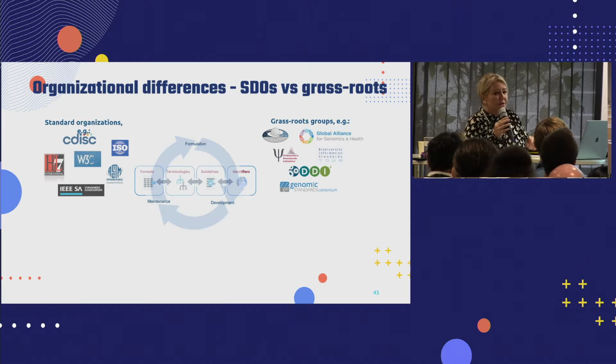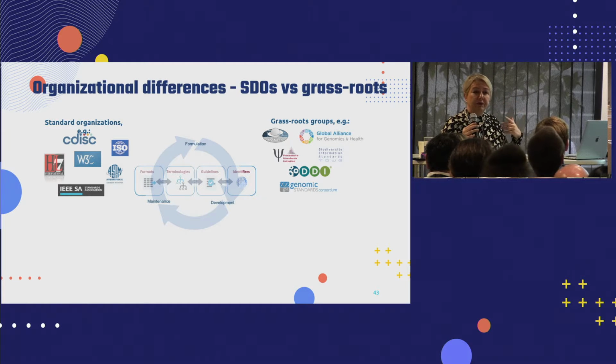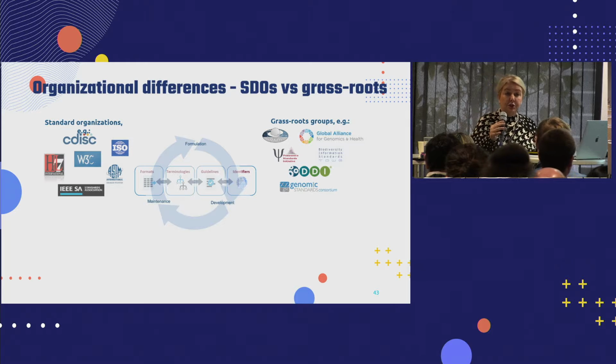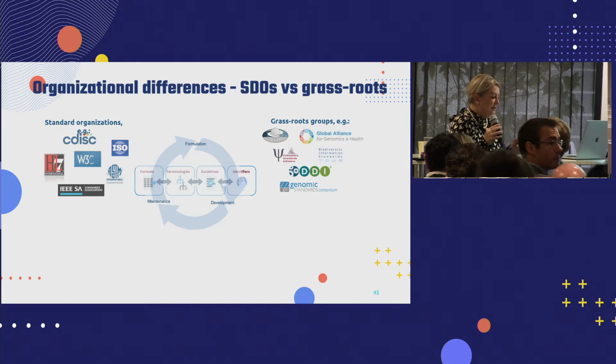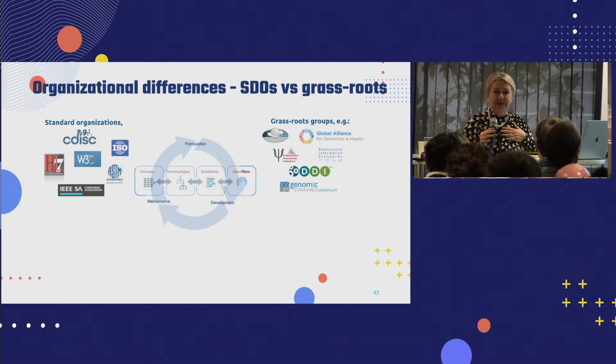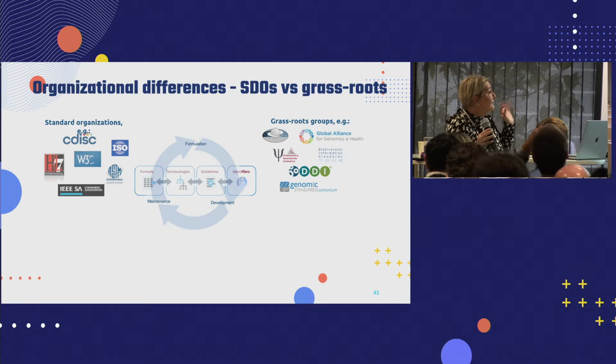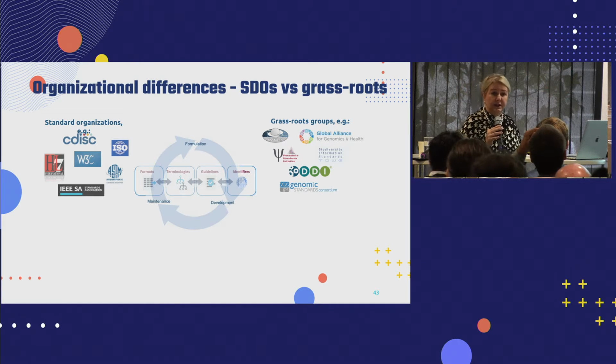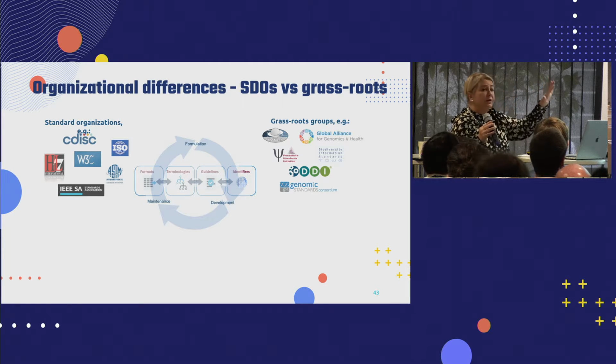And a couple more slides talking about the challenge of cultural clash, especially, I've mentioned ISO, I've mentioned the grassroots. This is a slide that I've had for the last 15 years, trust me. You can look back in my slides, 15 years. Nothing has changed. So you have the standard organizations like ISO, and many others, that developed either semantic artifacts or other types of standards. And you have the grassroots community.